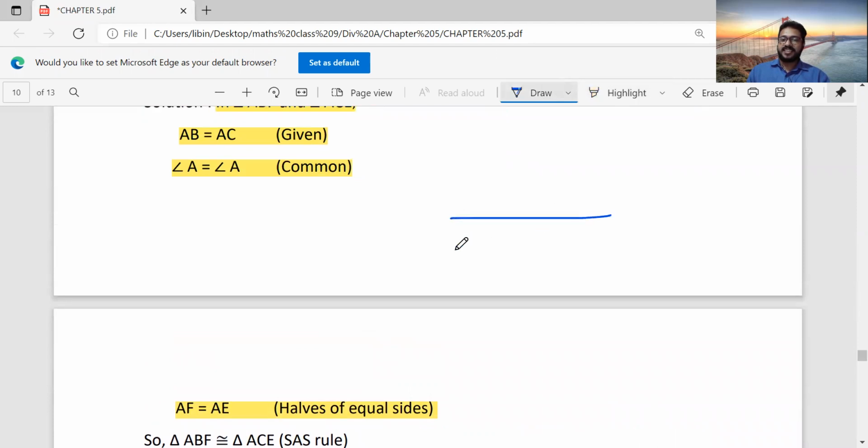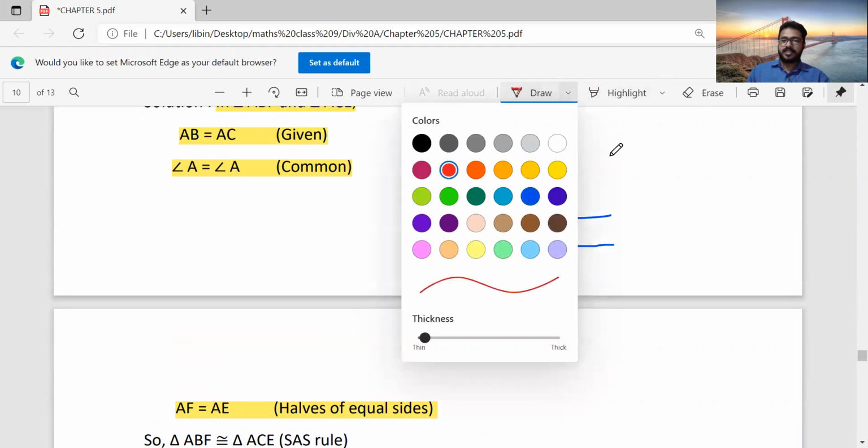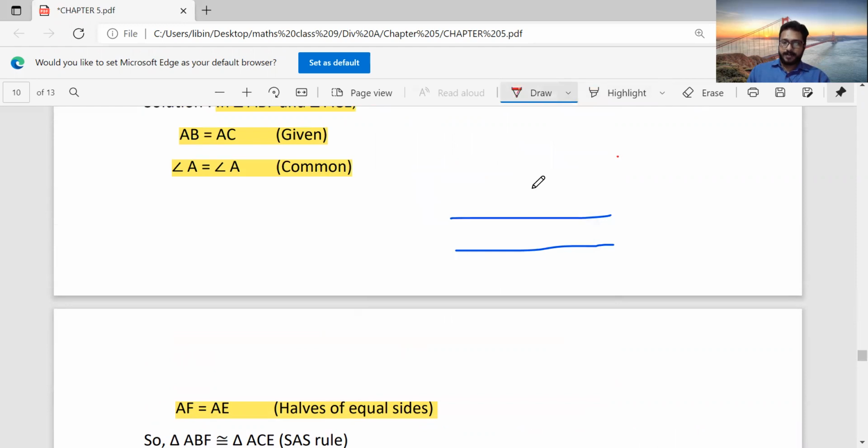See. Suppose these two lines are equal and consider that I am cutting this line through their midpoint. Now what about these two lengths, this and this? Are these lengths equal?